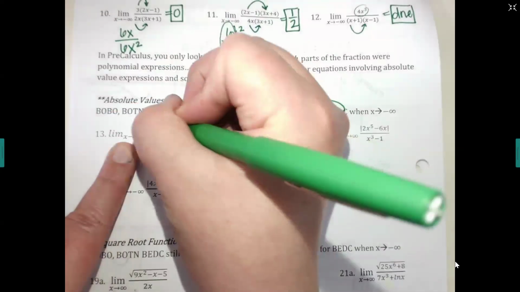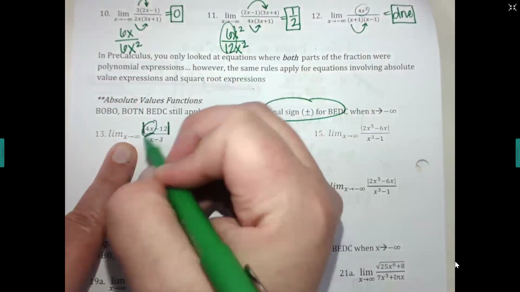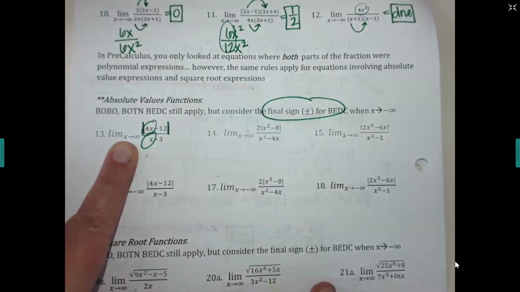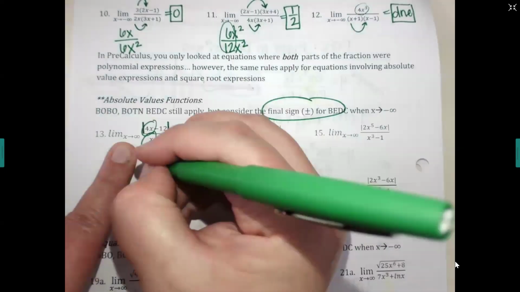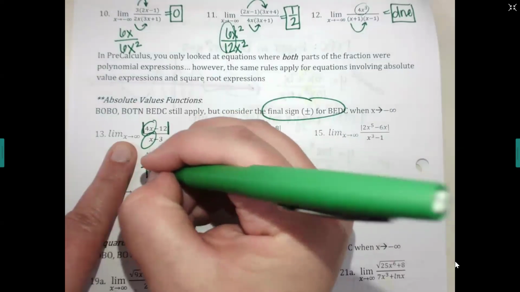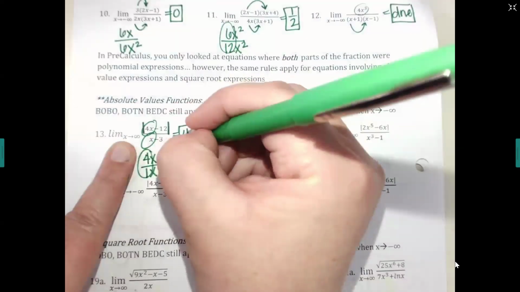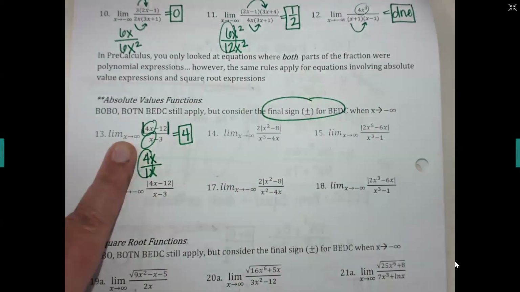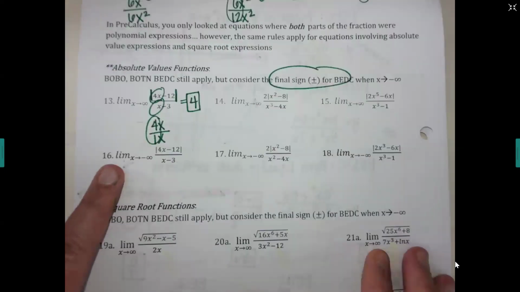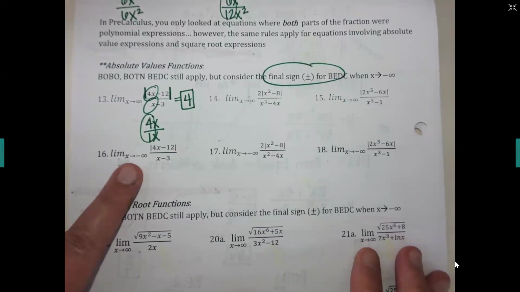That's not a 14. Okay, so 4x versus a regular x. Bobo, Botten, or Betsy? Betsy. And then it's 4x over 1x. 4 over 1 is 4. So far, everything's good. Now check minus infinity.